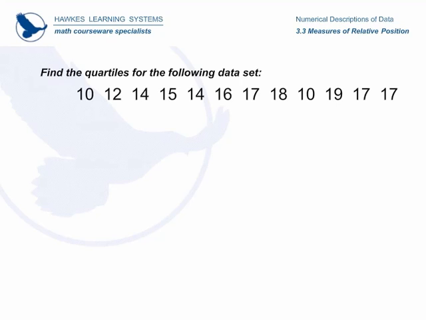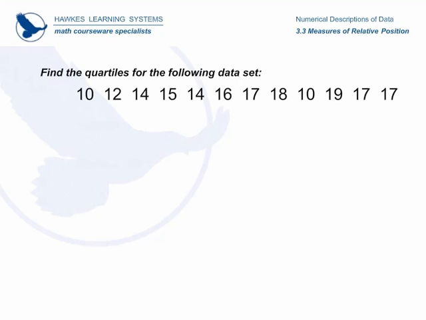So the first thing we want to do is order the data. We'll order it from smallest to largest data values, or ascending order. Once we do that, we can find the middle value, or Q2, to be 15.5. We can find our Q1 to be 13, and our Q3 to be 17.